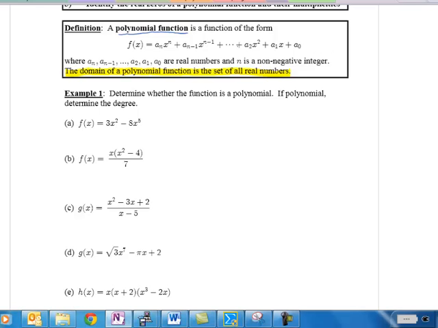In this definition above, there's one other term we should define, and that is the degree of the polynomial, which is the exponent on the term with the highest exponent.